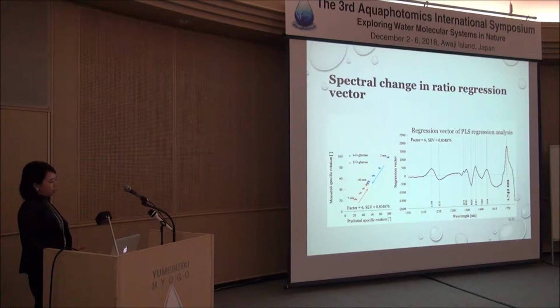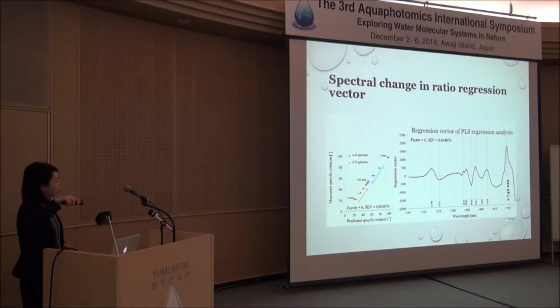In the PLS regression analysis, a regression model of anomer ratio was built using near-infrared spectra and specific rotation values. In the left panel, the measured value and predicted specific rotation value are plotted. It shows a linear correlation.